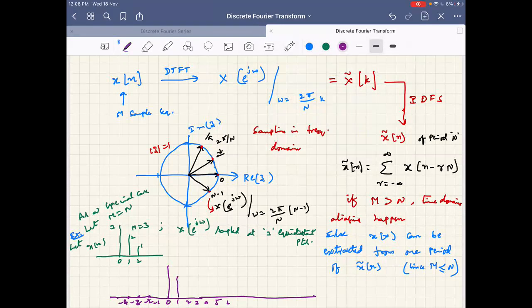So 3, 2, 1. And where does the repetition start? Capital N is the length of the sequence x of n.